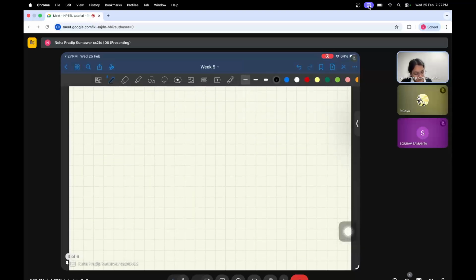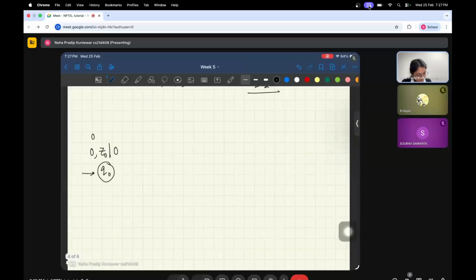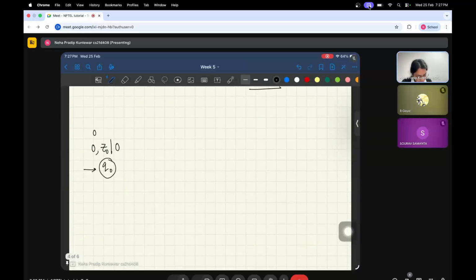So how will we do this? Q0, initially you read a 0, set 0 and you push it, then you keep on pushing all the zeros.